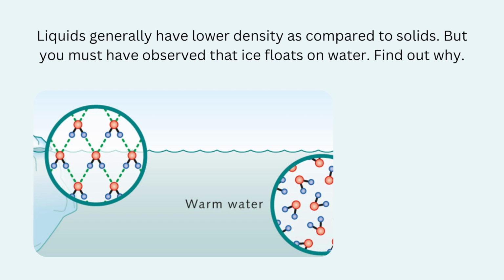It's not entirely ice; there is some free space in between, maybe air pockets. This is what makes ice less dense when compared to water. Although solids generally have high density when compared to liquids, ice actually has lesser density when compared to water, and that is why ice can float on water.